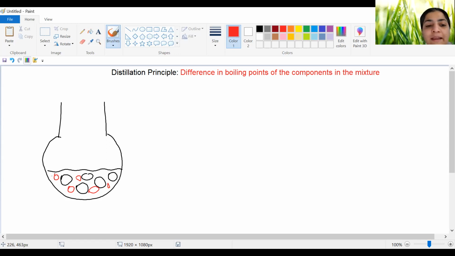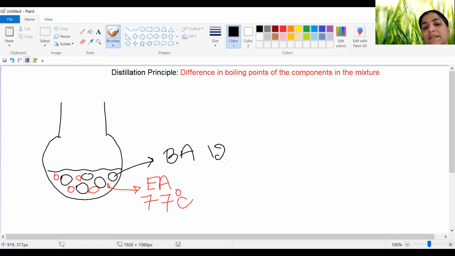For example, in our ethyl acetate and butyl acetate case, ethyl acetate has a boiling point of around 77 degrees Celsius, while butyl acetate has a boiling point of around 120, 125 degrees Celsius.